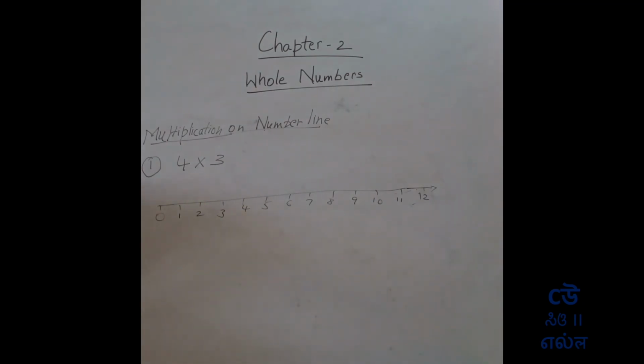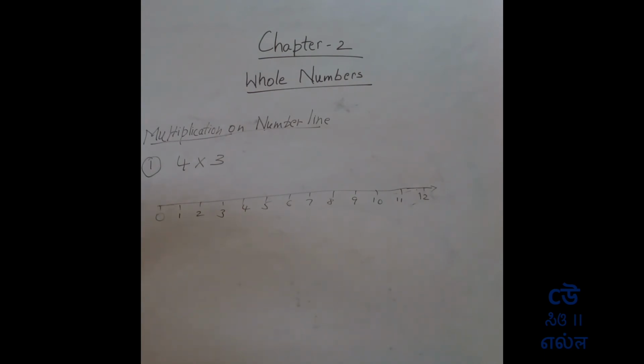So, what should we do? We have to start from 0 here. Move 3 units at a time to the right. Make such 4 moves.